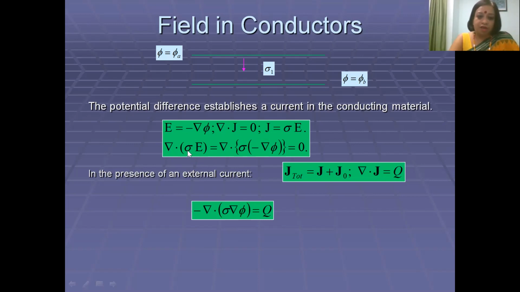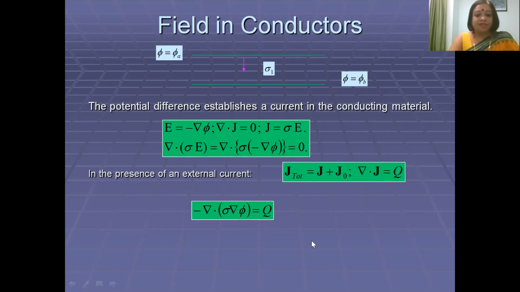Divergence of J, in place of J, you put sigma E, therefore divergence of sigma E is equal to 0. If you consider sigma to be constant within the material, an isotropic homogeneous material, you can take it out, so you have divergence of sigma times minus grad phi is equal to 0. And this is nothing but Laplace's equation, except that instead of permittivity, you have conductivity.